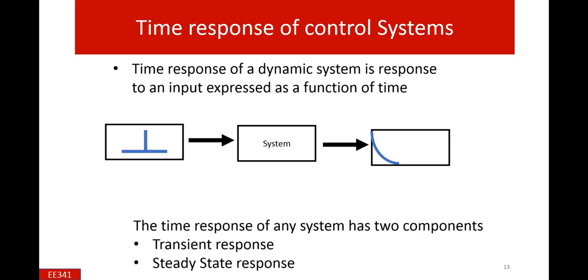This is due to the behavior of energy storing components. For example, in electrical components, capacitor and inductor are the source of this type of transient behavior. After the transient behavior, the system becomes steady state, and now our topic is to analyze the steady state values, actually to find the errors at steady state.